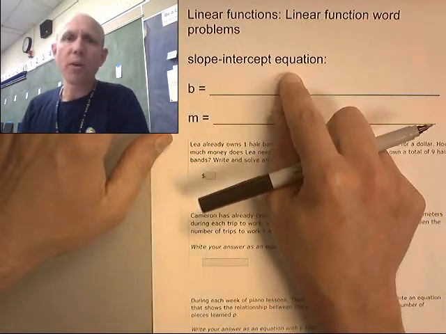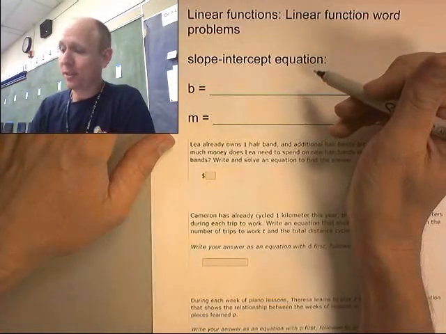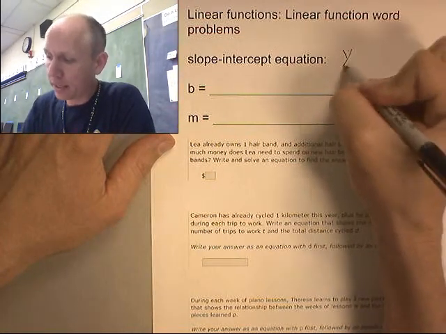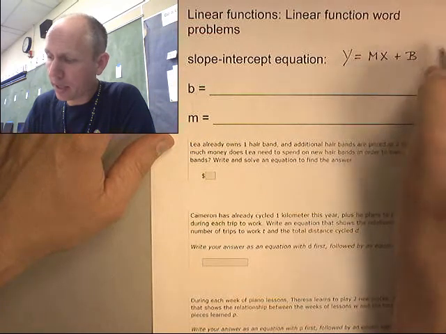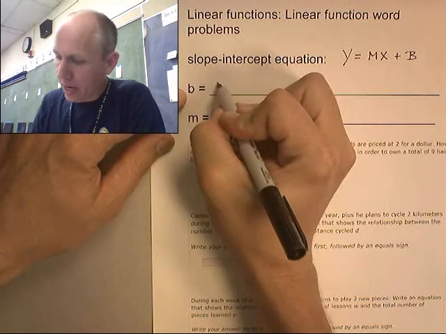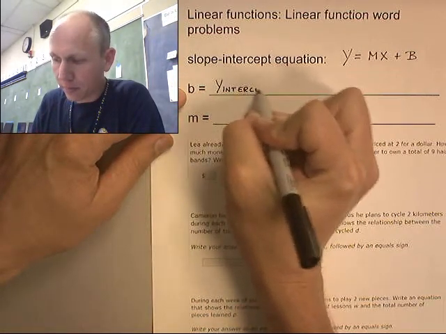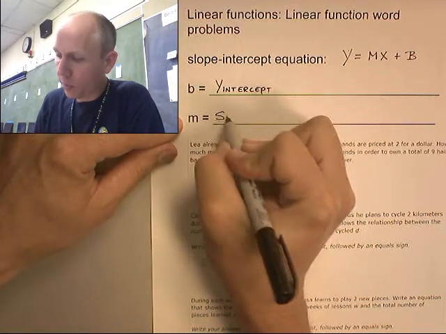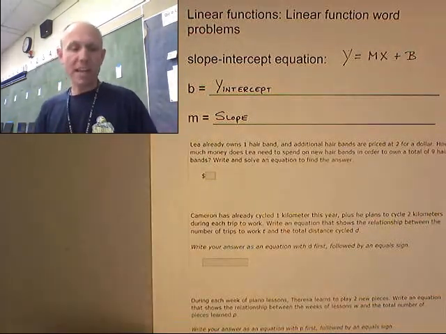The slope-intercept equation. If you have not memorized this equation yet, then you are behind, because this is one of the magical equations. Slope-intercept equation, y equals mx plus b, where b represents what? The y-intercept. And m represents the slope. But those are very mathematical terms.